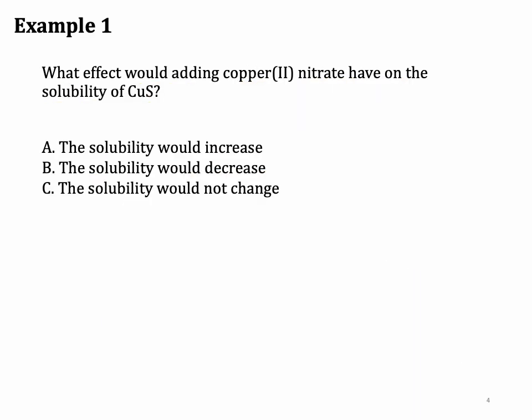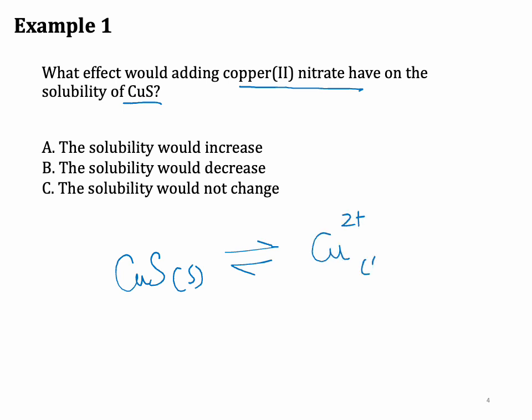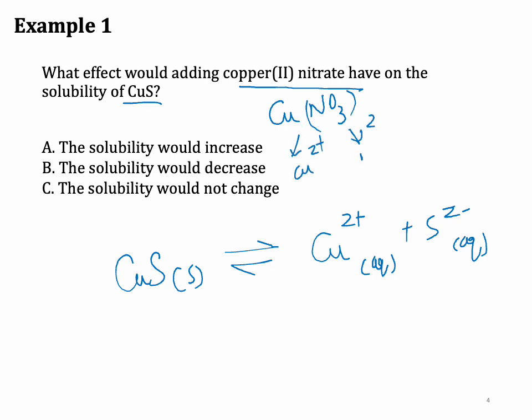So what effect would adding copper nitrate have on the solubility of CuS? The solubility of CuS depends on the copper ion concentration and the sulfide ion concentration. So if I'm adding copper nitrate, Cu(NO3)2, I'm adding more copper into the solution and more nitrate into the solution.